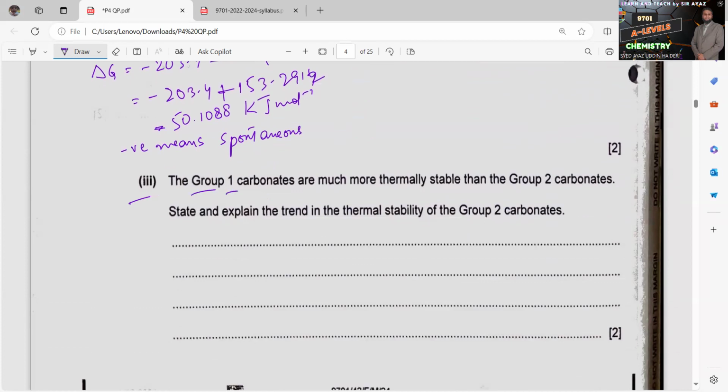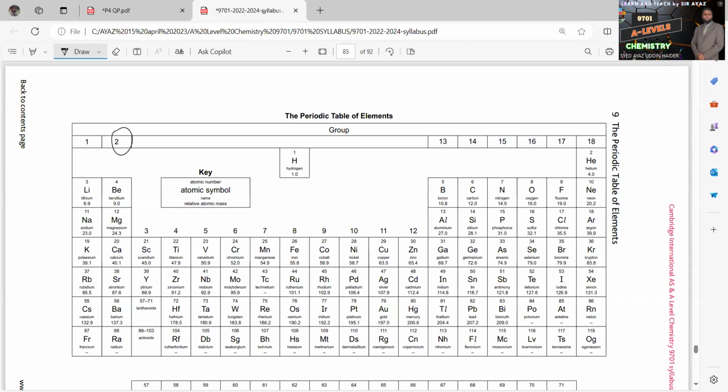Number 3, the group 1 carbonates are much more thermally stable than the group 2 carbonates. State and explain the trend in thermal stability of group 2 carbonates. You know the thermal stability increases down the group because the cation size increases. This is group 2, and they all form cations with the +2 charge.